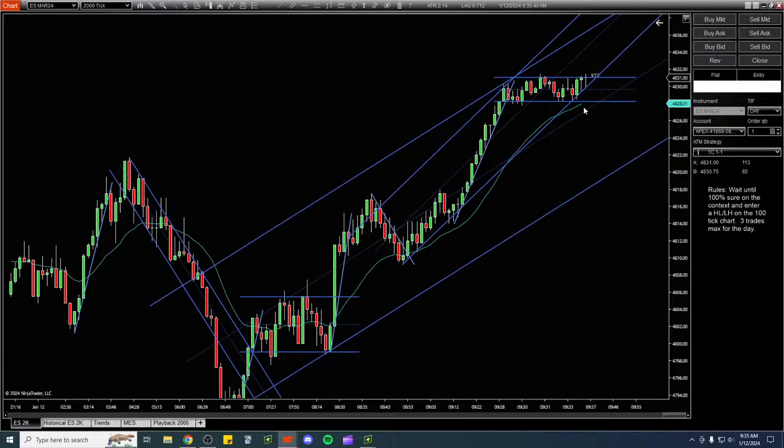Clearly, there's something keeping prices from reaching the EMA. Could just be this horizontal support right here. Let's see what happens as prices struggle at this resistance. Are they going to come through this possible trend line that is looking sort of iffy?